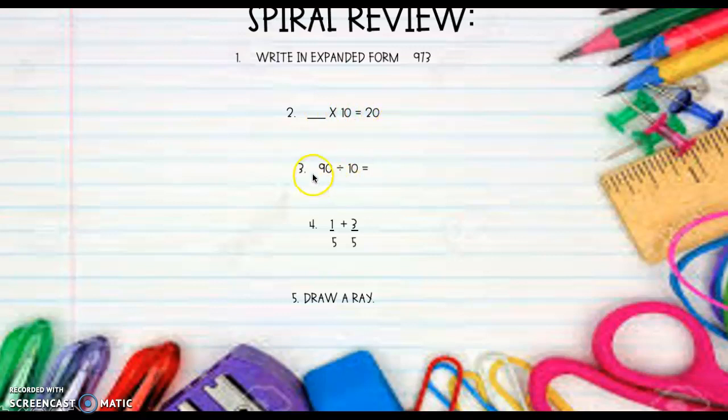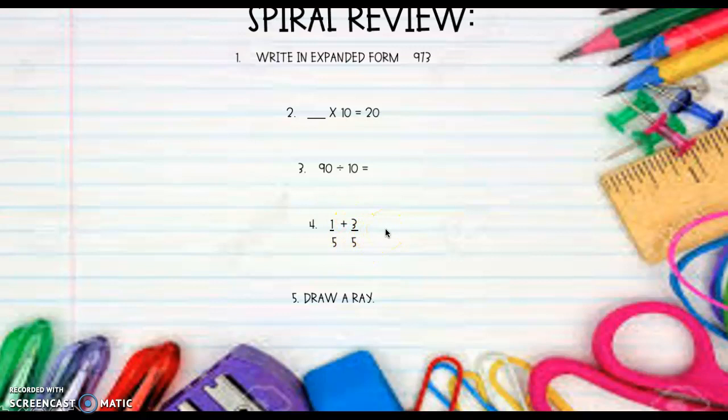All right. For number 3, it says 90 divided by 10 equals what? You're trying to find the quotient to this problem. What number will you have when you divide 90 by 10? What will that give you? Okay. Number 4 is 1/5 plus 3/5 equals what?